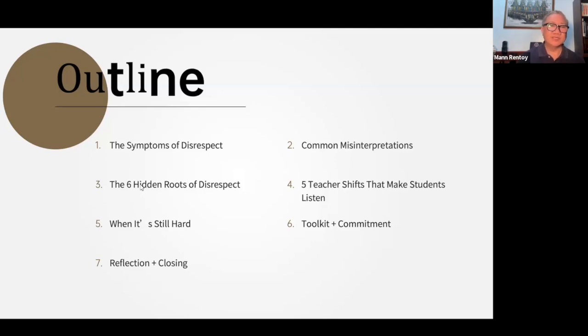What do we do when it's still hard? And then finally, I'm going to give you some toolkit and a sort of commitment that we will have to make to continue on teaching to the best that we can in spite of these kinds of students that we may have inside our classroom. And then finally, a few quotations for us to think about that will help us forge ahead despite the difficulties.